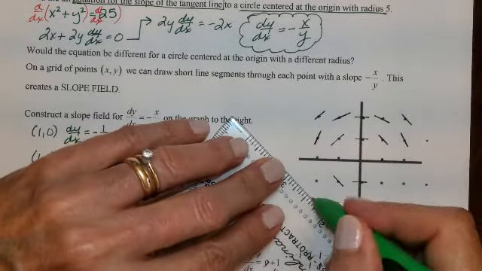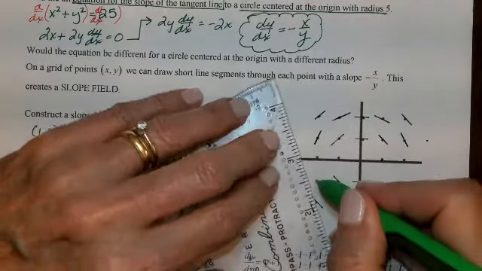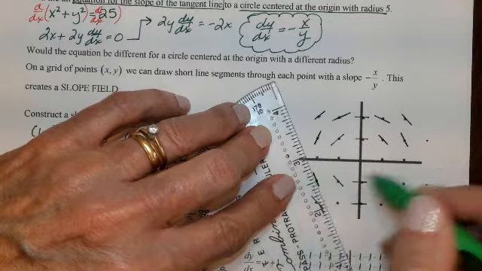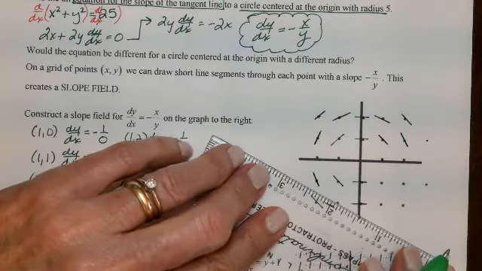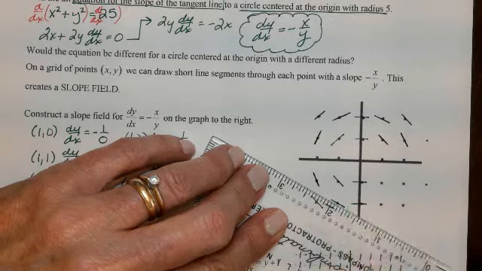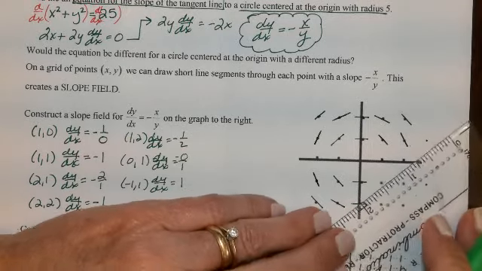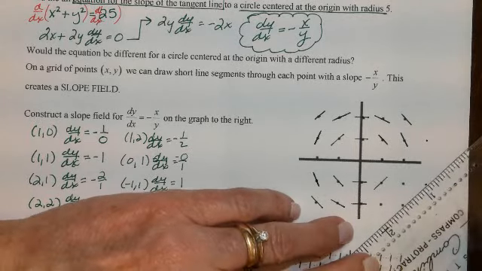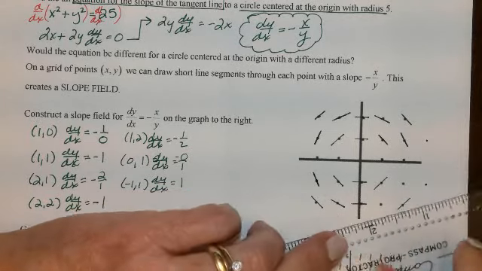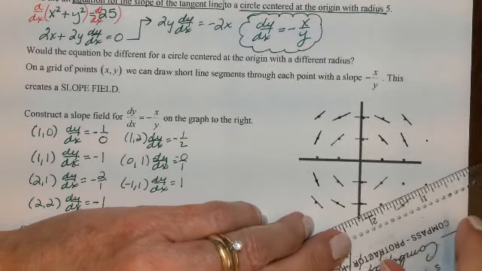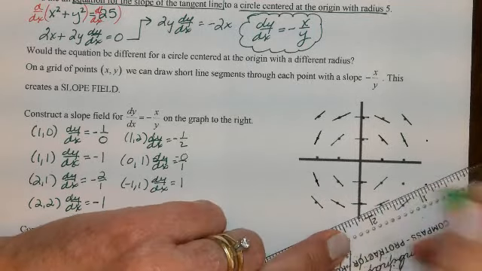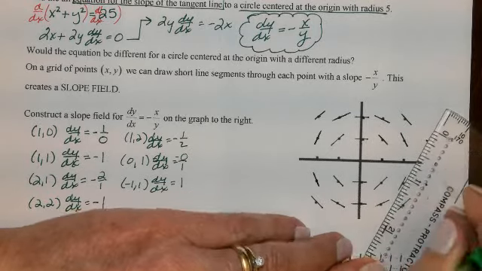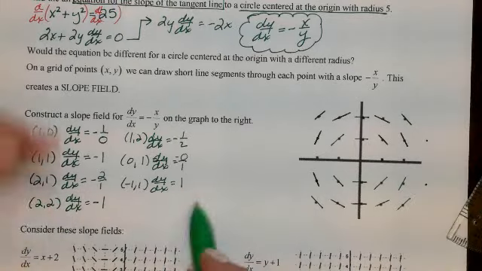This is also a -1. This would be a -2, sorry, -2. This would be a -1/2. Okay? And over here we would have a 1 again, and a 1 out here. Okay? This one would be a 1/2, and then this one would be a 2. Okay? So that's what we would get if we continued finding all those little slopes.